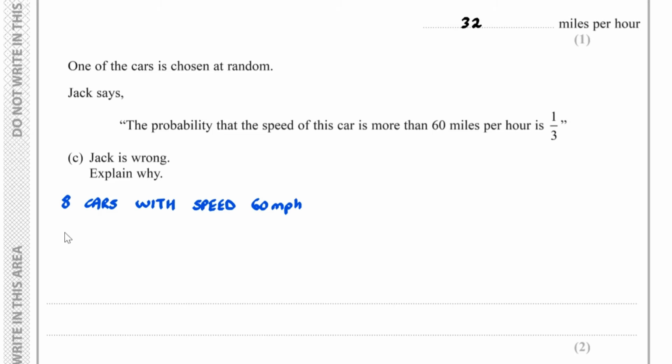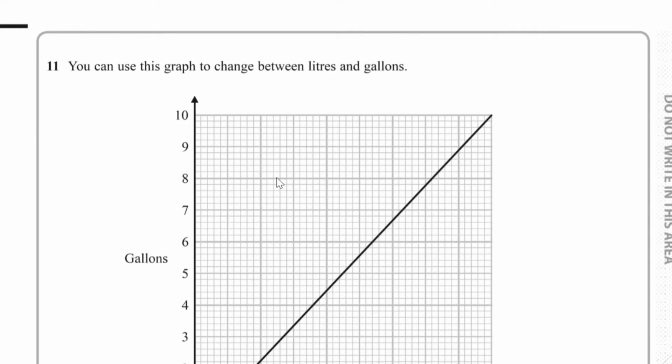And therefore, out of the 27 cars, we have 8 of them with a speed more than 60 miles per hour, and this fraction does not equal 1/3. So therefore, Jack is wrong.